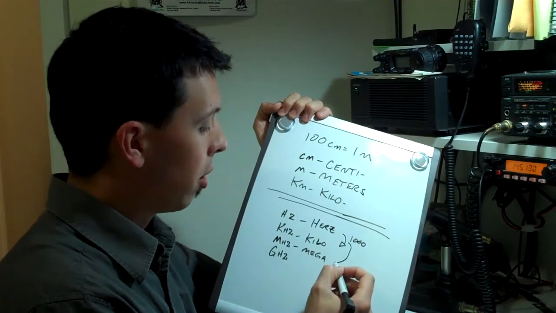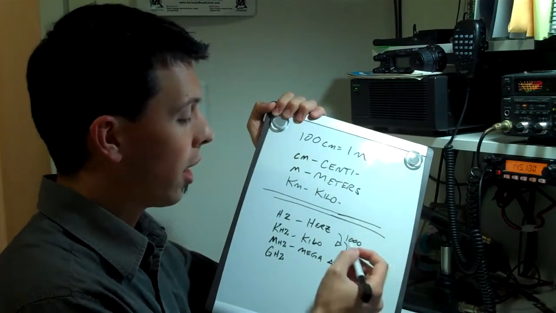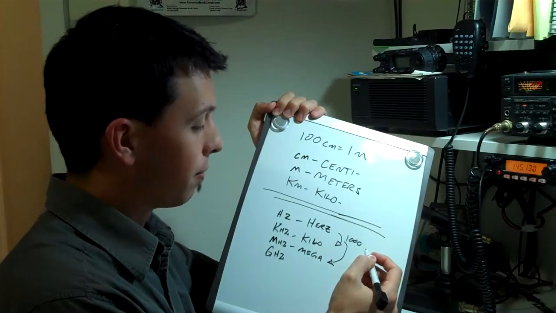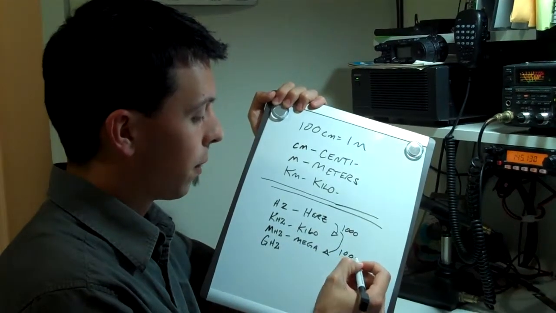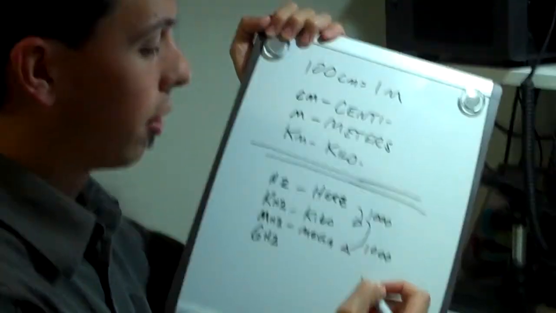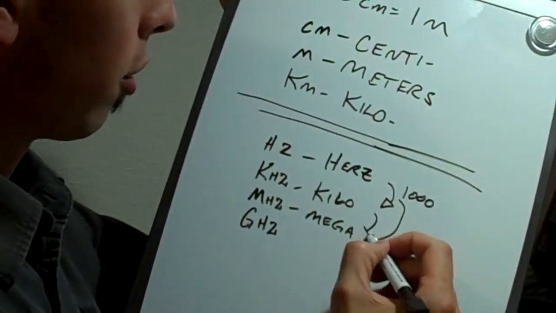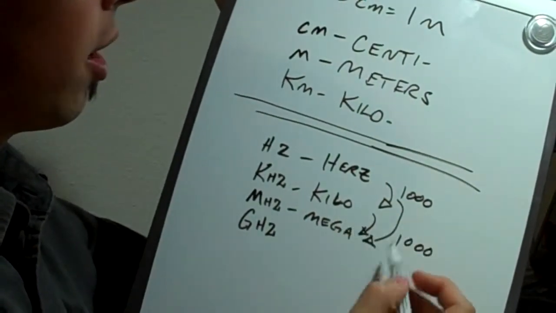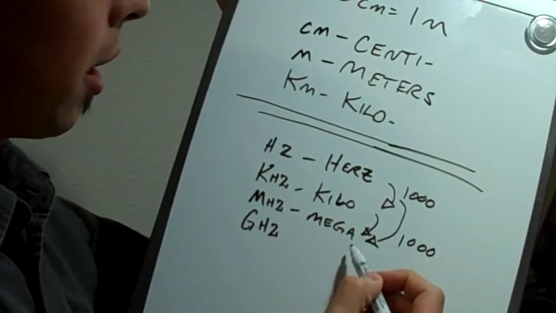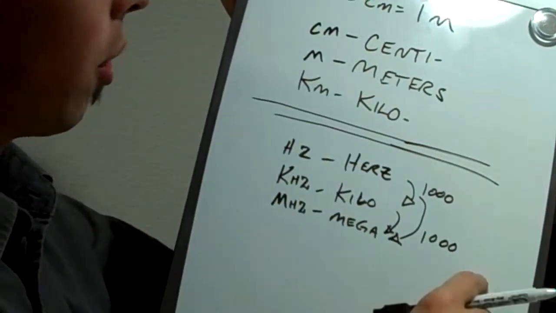And there are 1,000,000 hertz in a mega. Because 1,000 times 1,000 is 1,000,000. So that's how all that works. 1,000 kilos in a mega, 1,000 hertz in a kilo, and 1,000,000 hertz in a mega. We'll skip gigahertz for now, but I wanted to show that there just so you could see how that works.